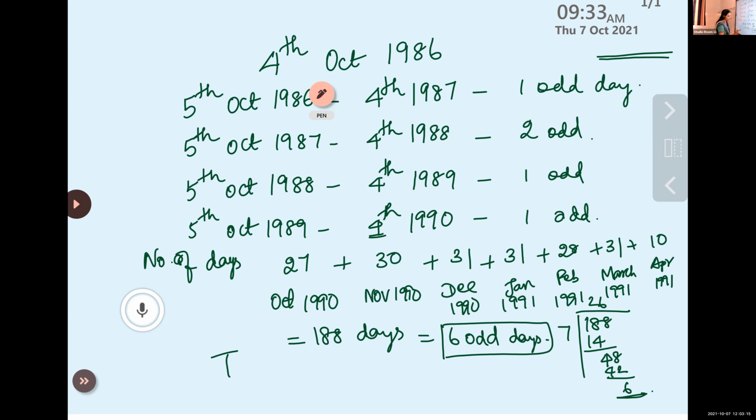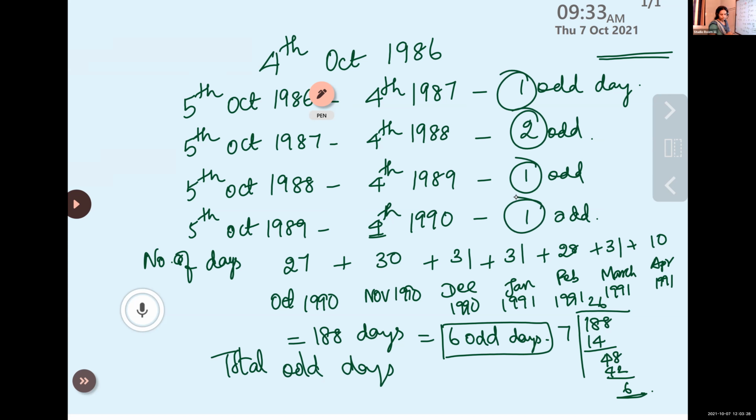Therefore, what is the total number of odd days? In the beginning we have 1, 1 plus 2 is 3, 3 plus 1 is 4, 4 plus 1 is 5, 5 plus 6, we will get 11 odd days.